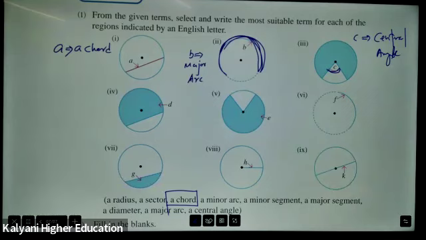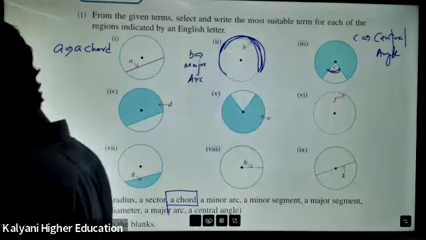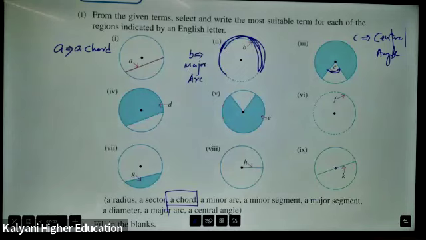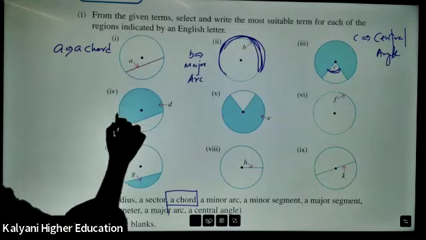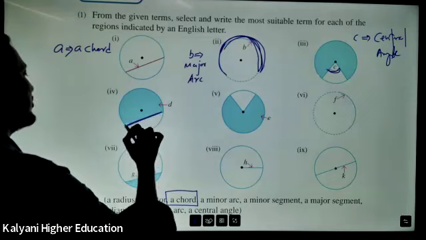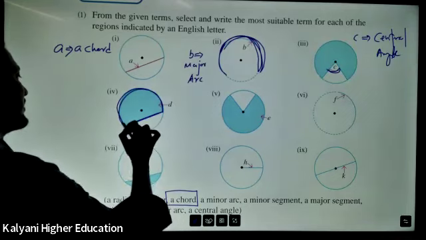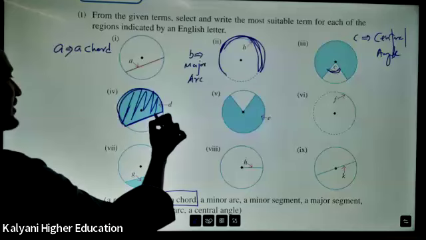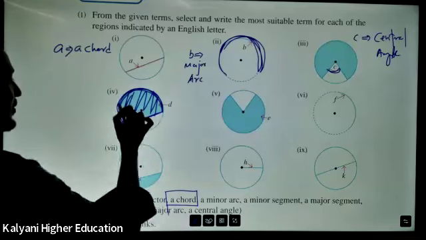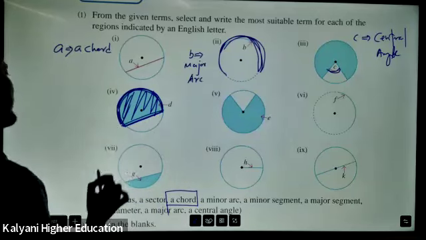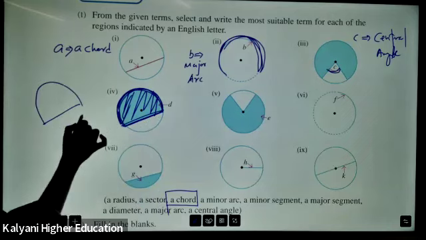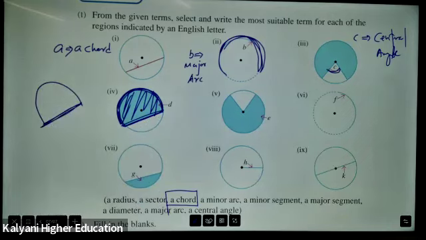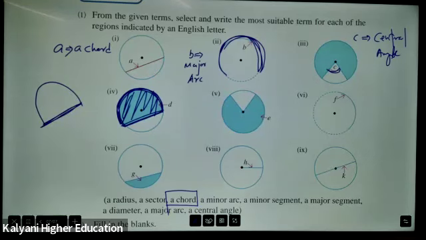The fourth one, D: they mark the colored part with the letter D. This part is very clear. It is bounded by a chord and an arc. So what is the name of this?